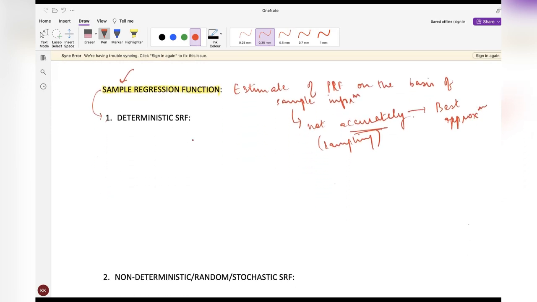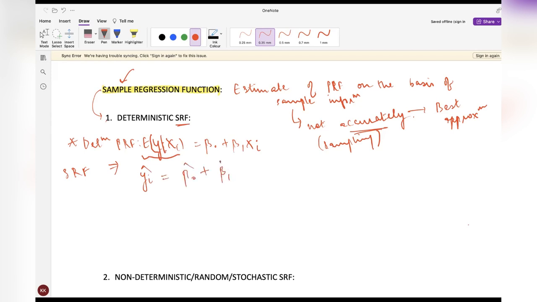Again, first is the deterministic SRF. For deterministic SRF, let's first remember what a deterministic PRF was. That was expected value of y given xi is equal to beta naught plus beta 1 xi, right? SRF is nothing but an estimate. So therefore, our deterministic SRF will be yi hat is equal to beta naught hat plus beta 1 hat xi. Why do we have a hat here?